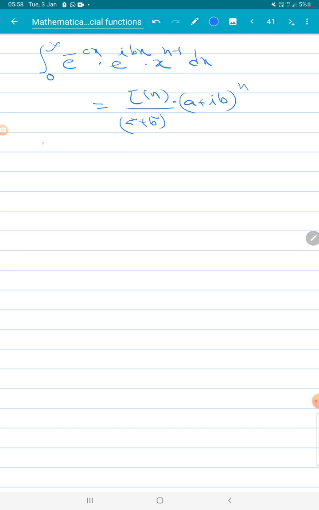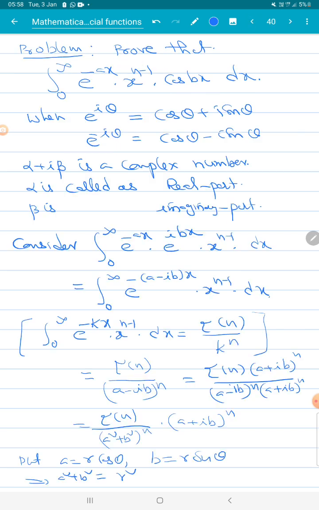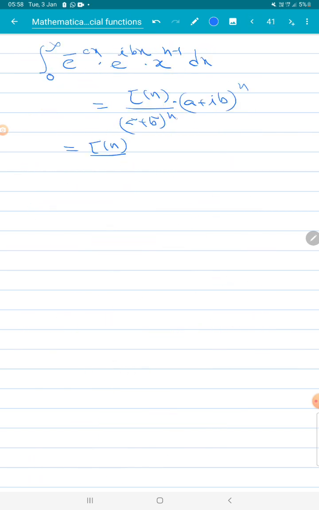Now a is equal to r cos theta, so (a square plus b square) to the power of n is r square to the power of n, that is r to the power of 2n, into (r cos theta plus i r sin theta) to the power of n.